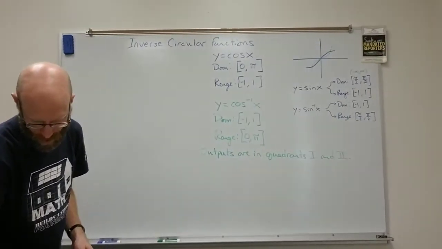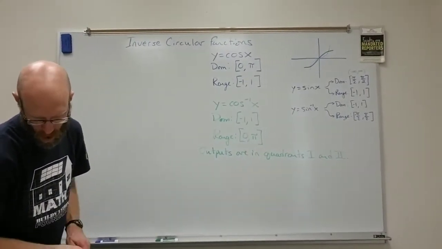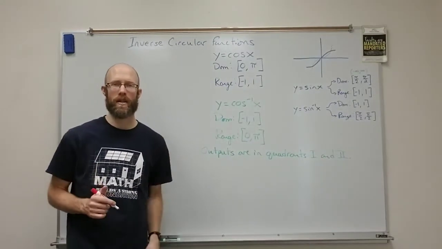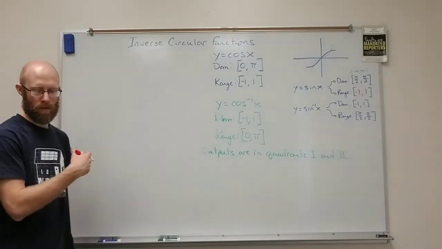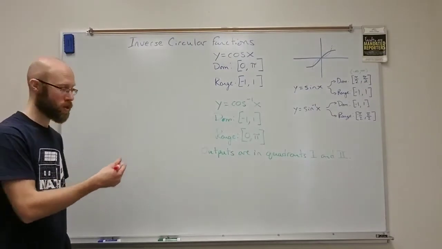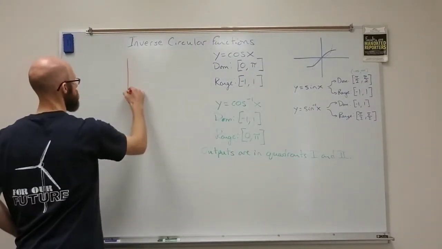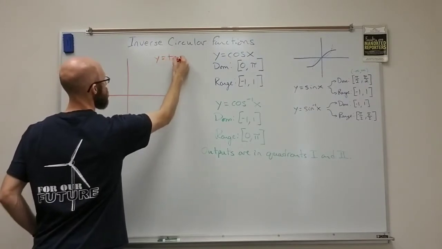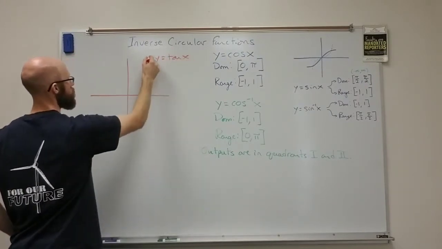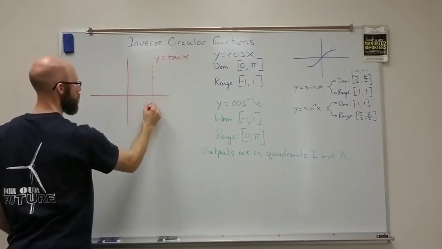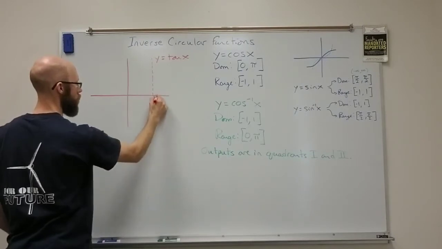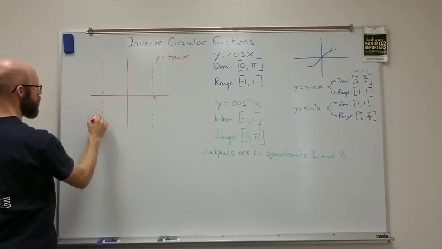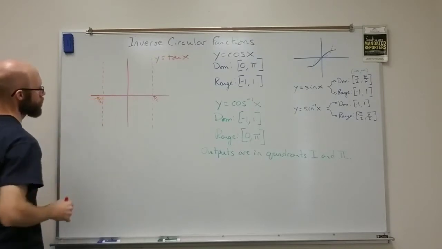With the inverse tangent, we know that the tangent has vertical asymptotes at both negative pi over 2 and pi over 2. So if we look at the graph of the tangent of x, there's a vertical asymptote at pi over 2 and another one at negative pi over 2.